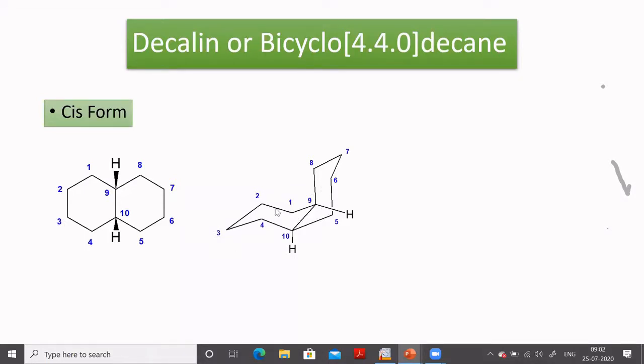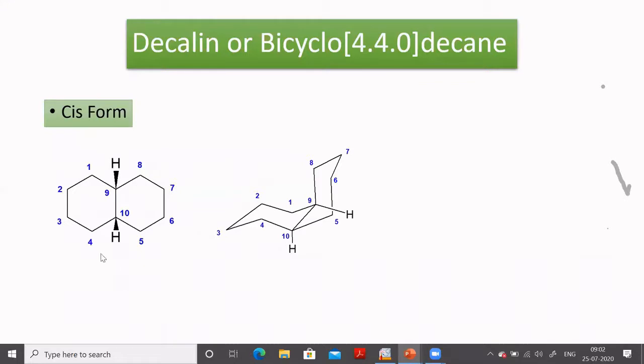Now this is one chair, this is another chair. So when I attach the two rings in this fashion, look at the protons attached to the 9th carbon and the 10th carbon. They are on the same side. And since they are on the same side, we call them a cis arrangement.